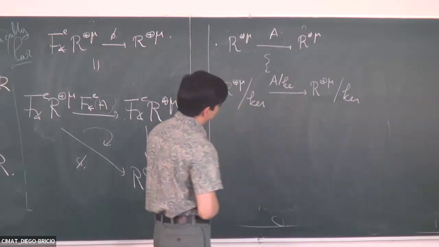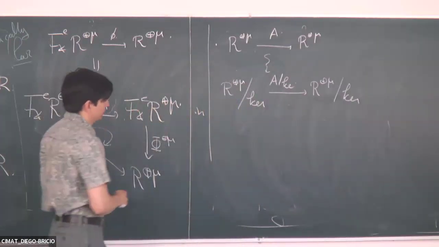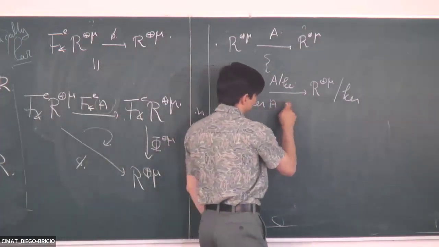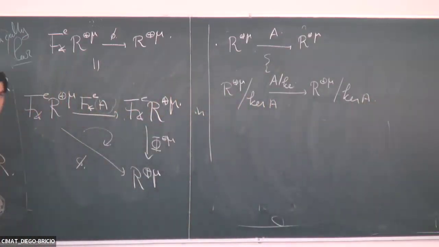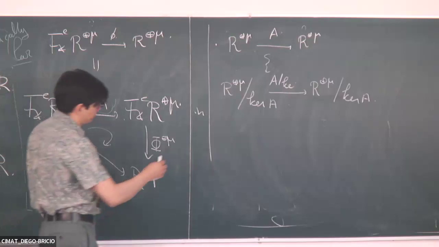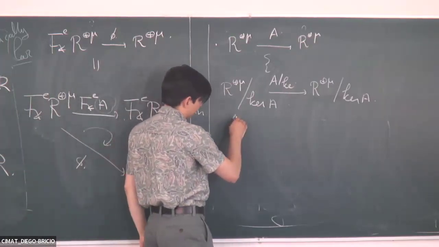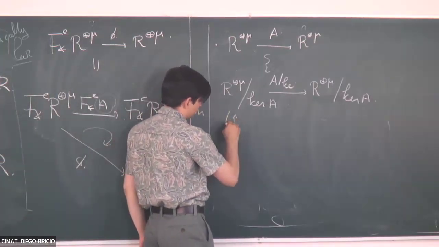This one is injective, with kernel A. So I'm going to replace in principle R^mu by this quotient.